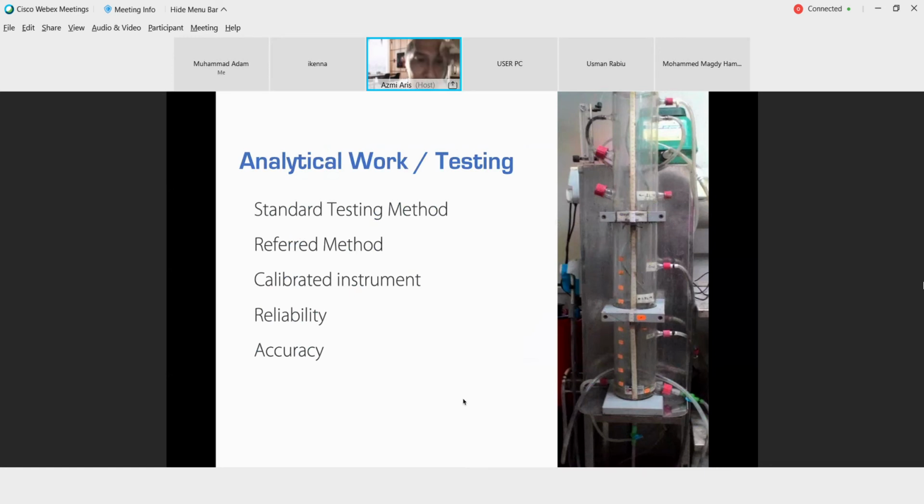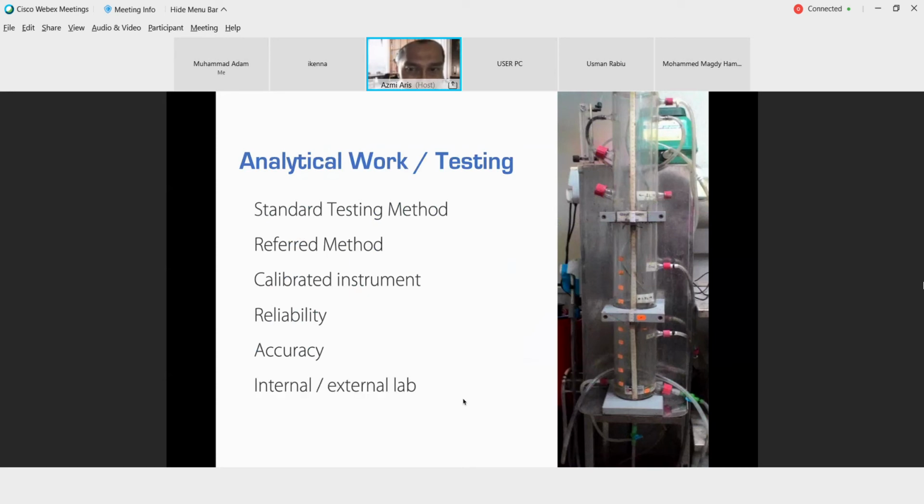And accuracy means that if you do the testing three times, so you take one sample and you analyze it 3 times, the values should be about the same, around the same. Okay.